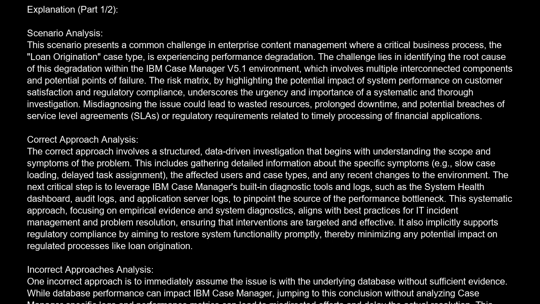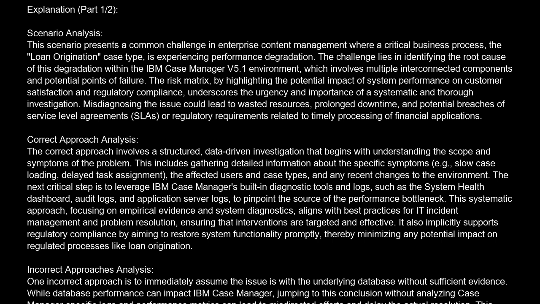This systematic approach, focusing on empirical evidence and system diagnostics, aligns with best practices for IT incident management and problem resolution, ensuring that interventions are targeted and effective. It also implicitly supports regulatory compliance by aiming to restore system functionality promptly, thereby minimizing any potential impact on regulated processes like loan origination.